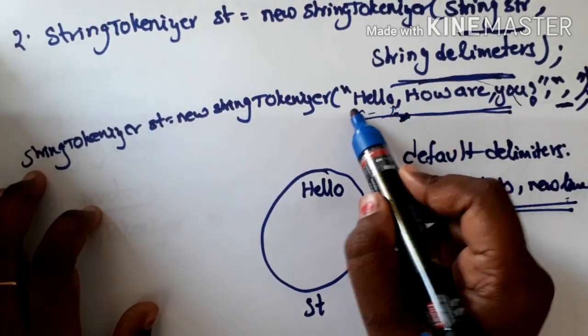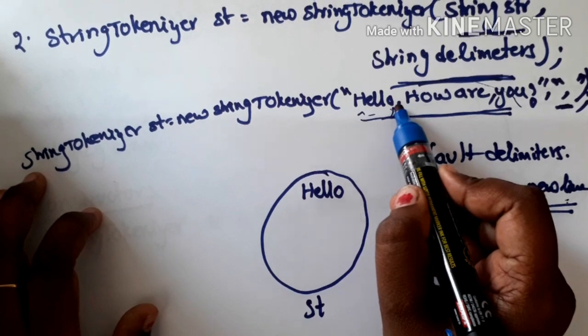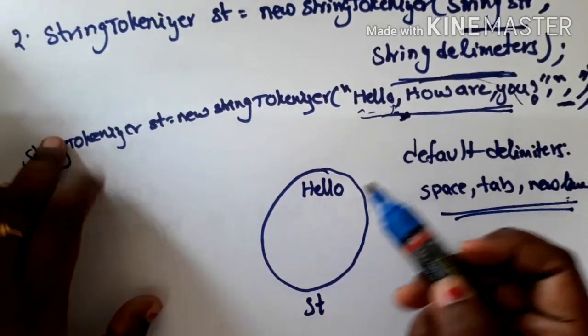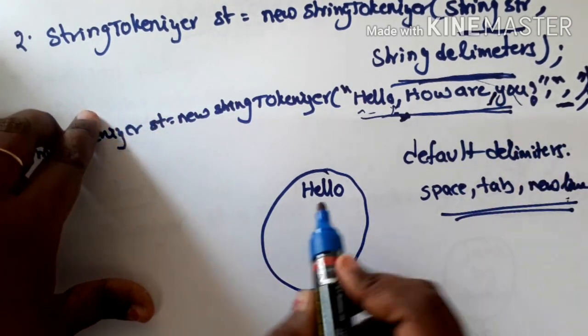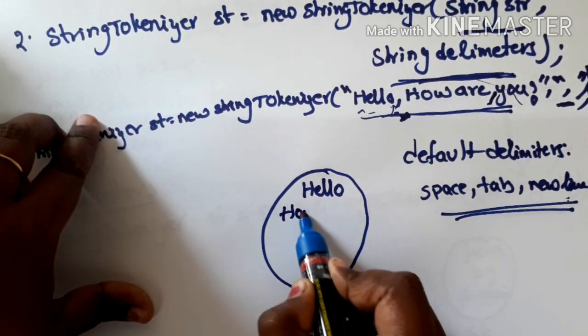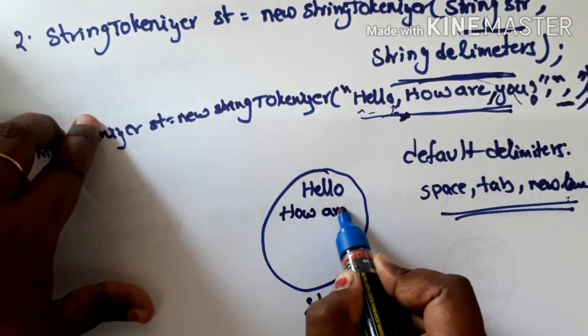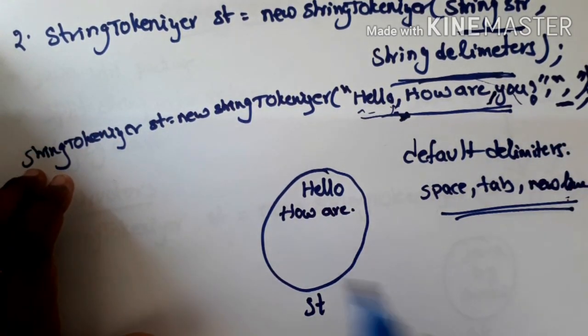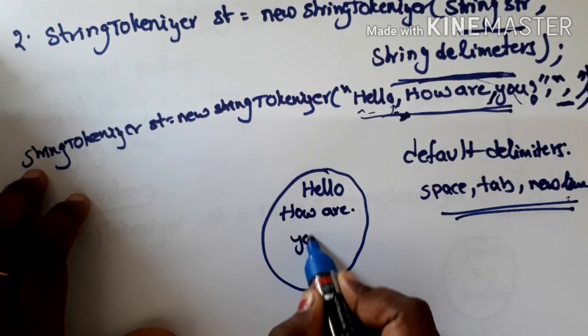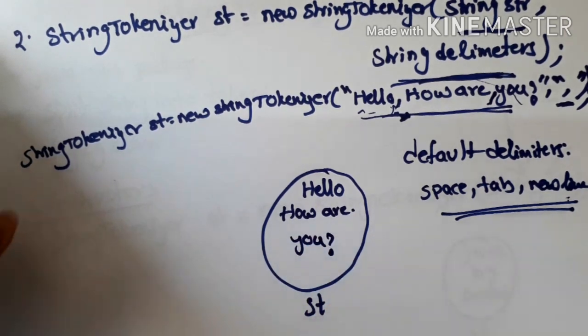Comma is a delimiter, so it will split the string till that point. Hello is a token. Then how are, comma is a delimiter, so how are will be split into another token. Next, you question mark will be split into another token. This is the second method for creation of a StringTokenizer object.